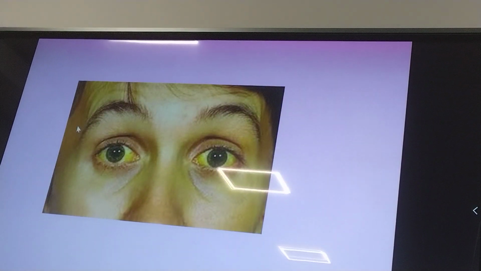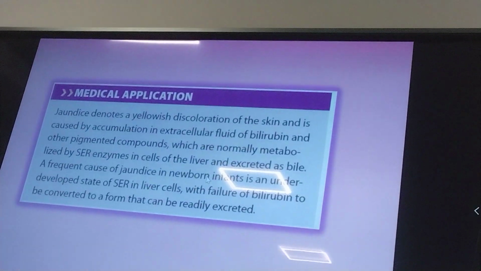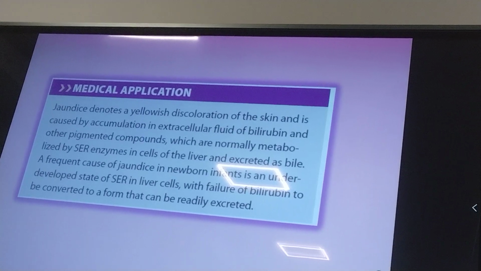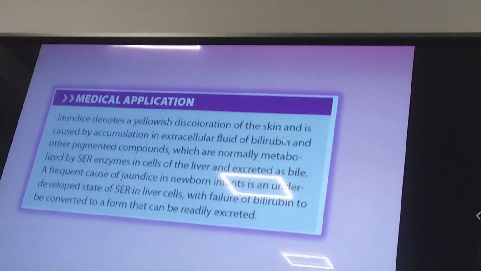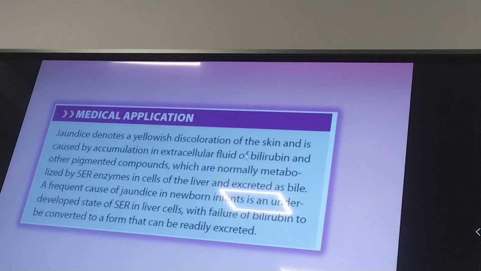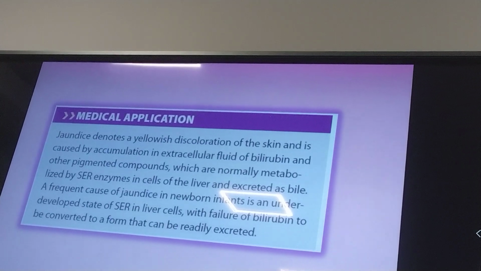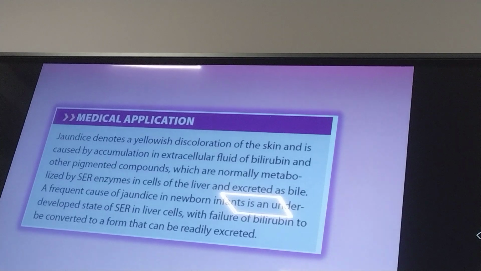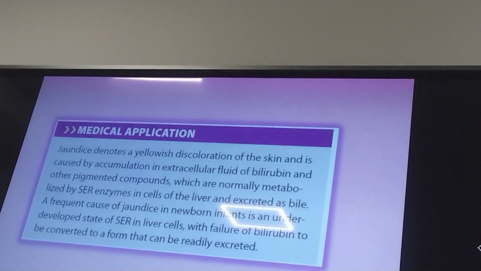And this is jaundice, how the scleral jaundice appears. So, yellowish discoloration of the skin is caused by accumulation of bilirubin and other pigmented components. If the bilirubin is not degraded and metabolized by smooth endoplasmic reticulum, it might be caused by damage of the liver cells by hepatitis, right?